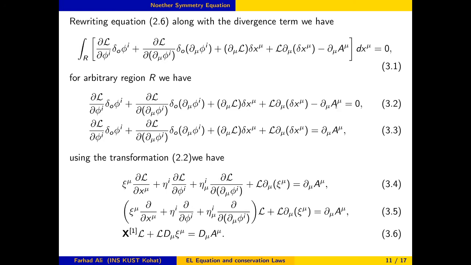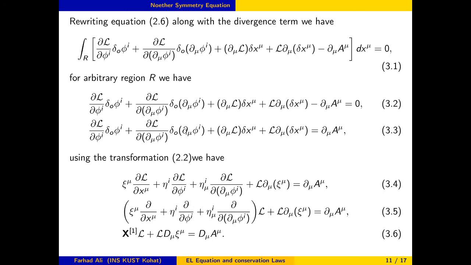What do we modify? We modify this thing. We will put this as eta I. This is eta I mu.